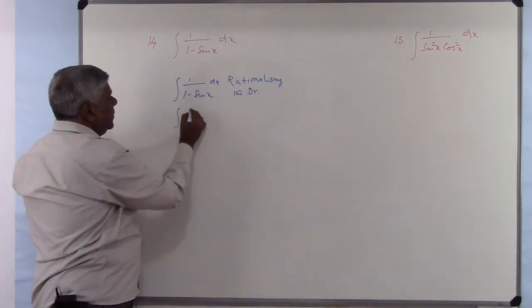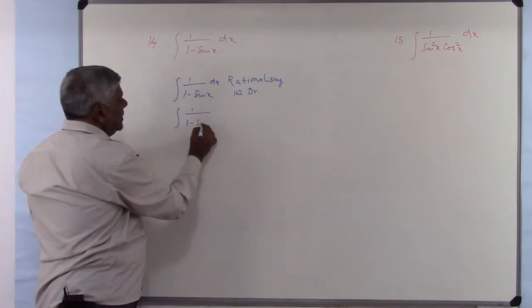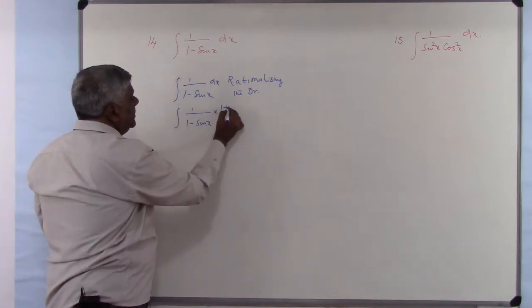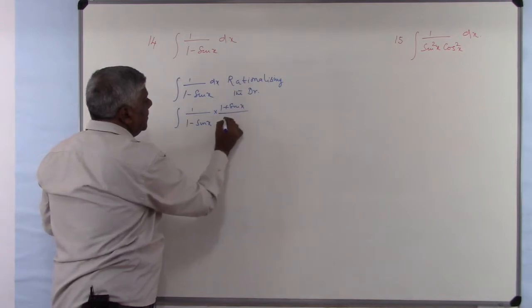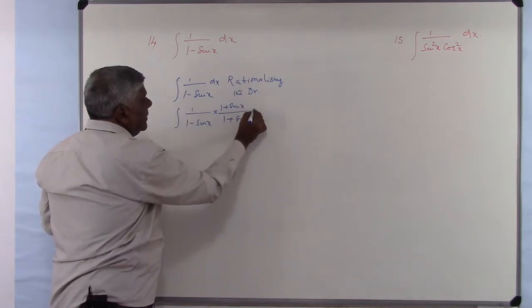See here, 1 over 1 minus sin x, into 1 plus sin x by 1 plus sin x, dx.